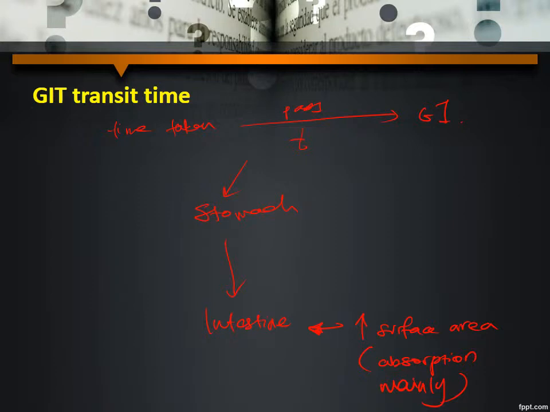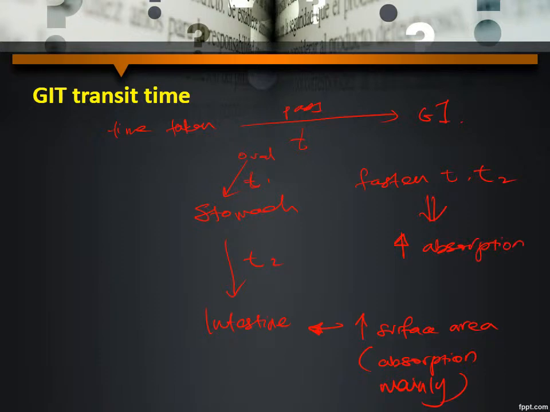Okay, so let's say we have the T1 here, we have the T2 here. So anything that actually fastens T1 and T2 will cause an increase in absorption.